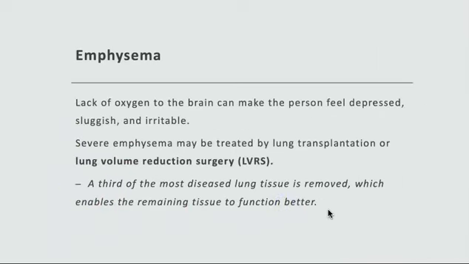So the lack of that oxygen to the brain can make a person feel depressed, sluggish, and irritable. And we know that when it's severe, we can treat it with a lung transplantation or something known as an LVRS, a lung volume reduction surgery.